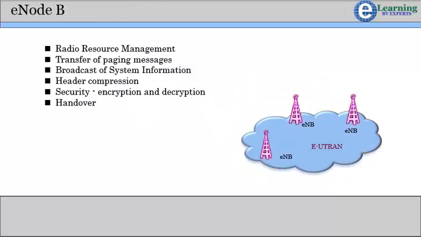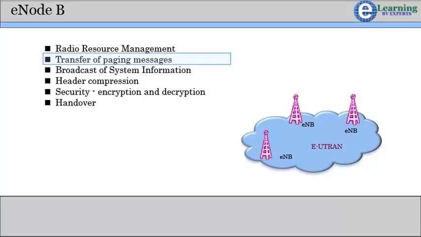The primary function of the ENB is radio resource management. This includes scheduling of both uplink and downlink air interface resources for UEs, control of bearer resources, and admission control. The ENB, as an agent for the EPC, is also responsible for the transfer of paging messages which are used to locate mobiles when they are idle.